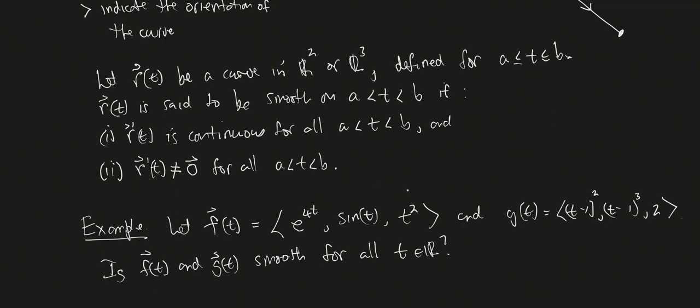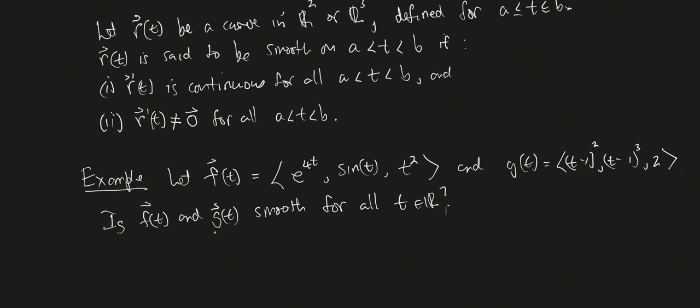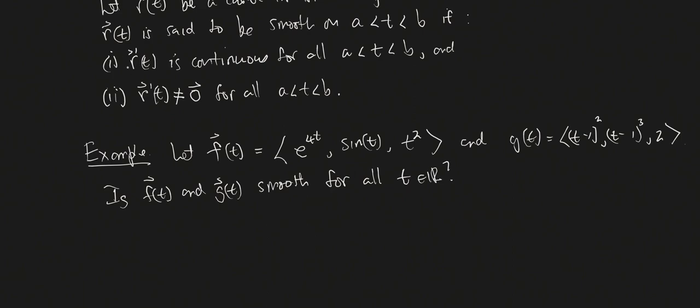In other words, if we were to use software and generate these curves for any set of values of t, would we see a nice smooth curve, or would we see something that has at least one sharp corner somewhere? Well, to answer this question, we have to see if both of these two properties are satisfied. So let's apply these two conditions to f and see if f passes both of these.